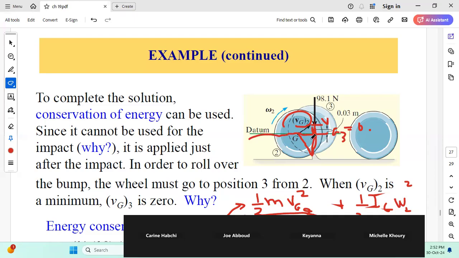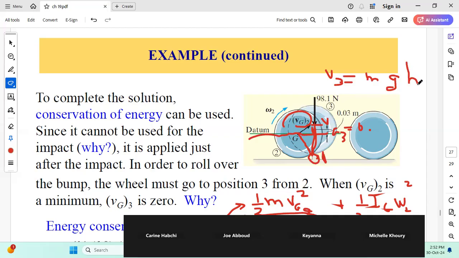It's mg times which height? G will undergo a certain elevation. What is this elevation? It is the height of this small element here. So at state 3, V3 is mg times this small height h, which is 0.03 meters.